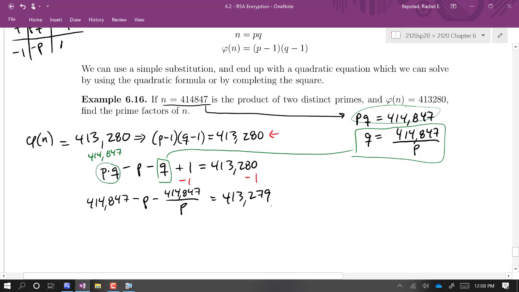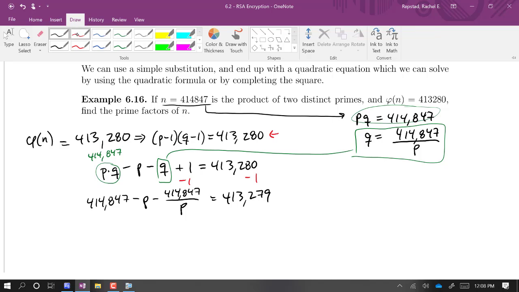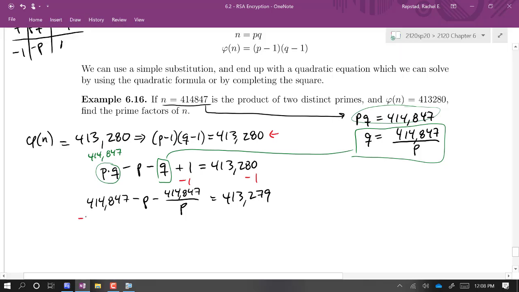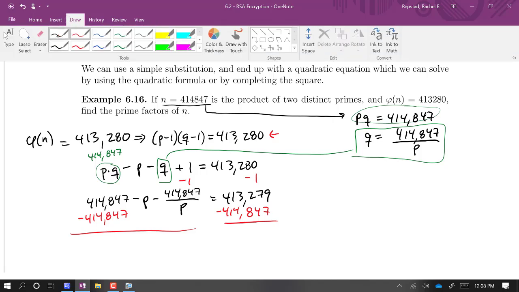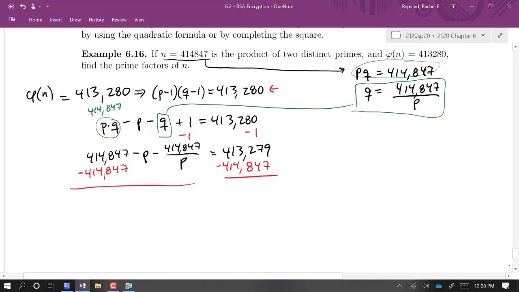Now I have an equation with one variable, and that is desirable for us. So I'm going to subtract this to get all my constants on one side. So I've got negative p minus 414,847 over p.